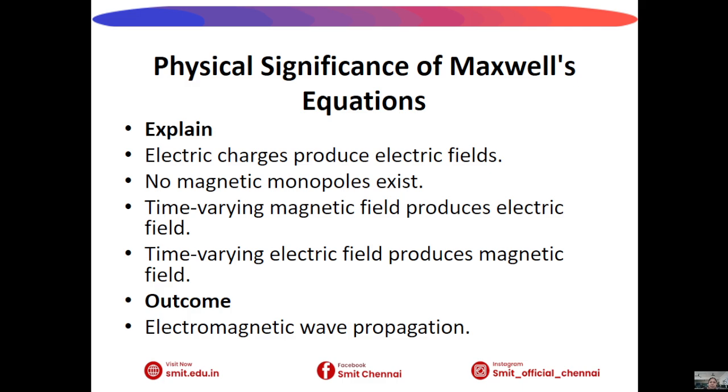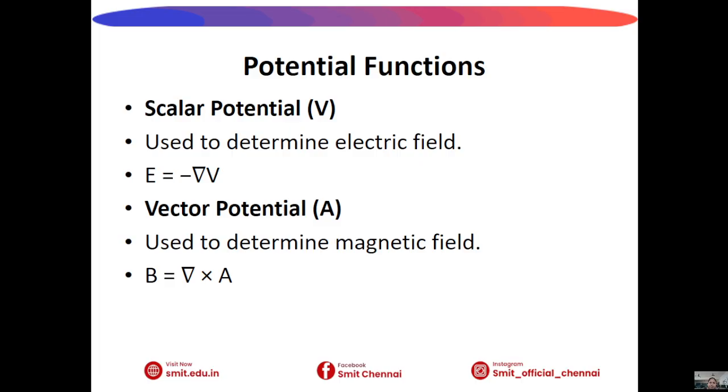Maxwell-Ampere law explains how changing electric fields create magnetic fields. These equations reveal that electric and magnetic fields continuously sustain each other, resulting in the formation of electromagnetic waves. This discovery led to the prediction of radio waves, microwaves, light waves, and all other forms of electromagnetic radiation.